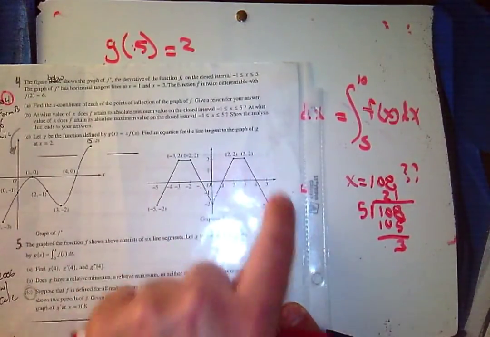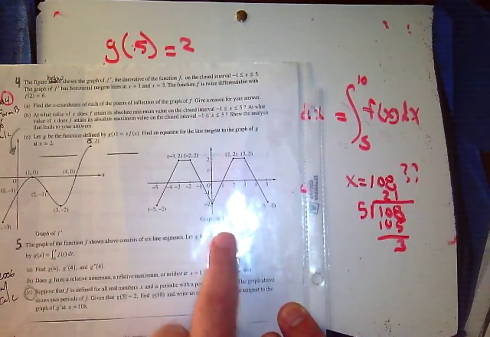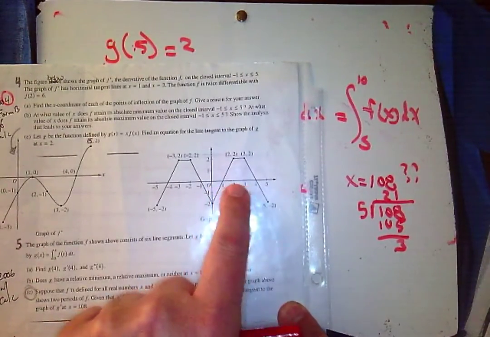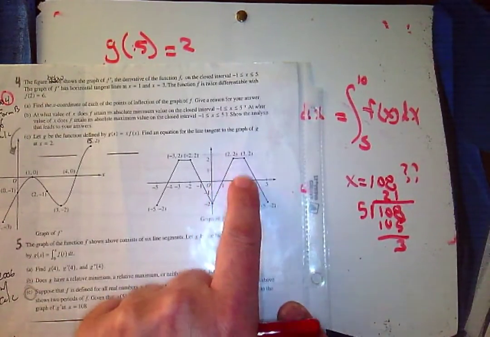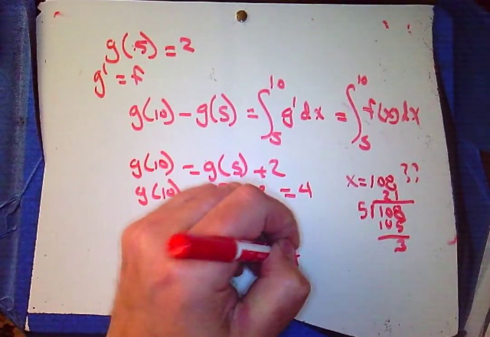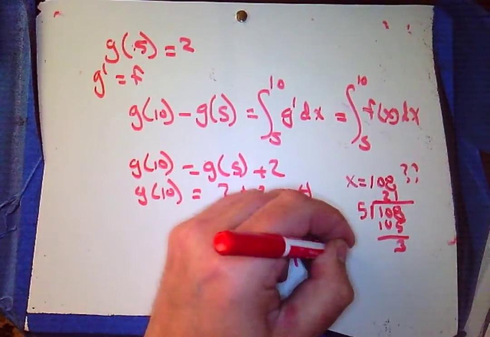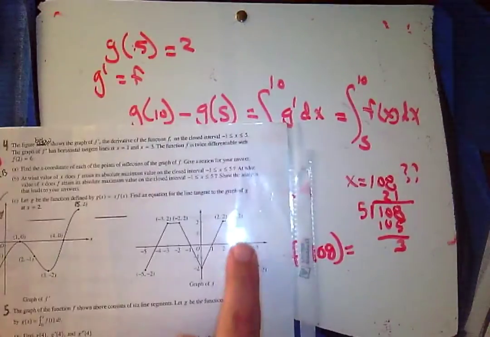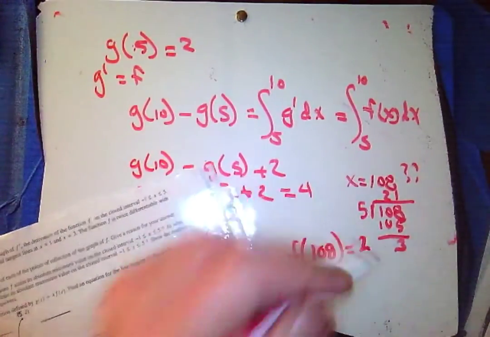So it's as though I went through this cycle 21 full times, and then I counted 1, 2, 3. So I think f of 108 equals, what was the y value here? 2.